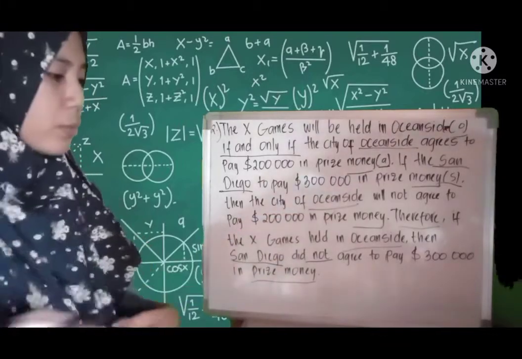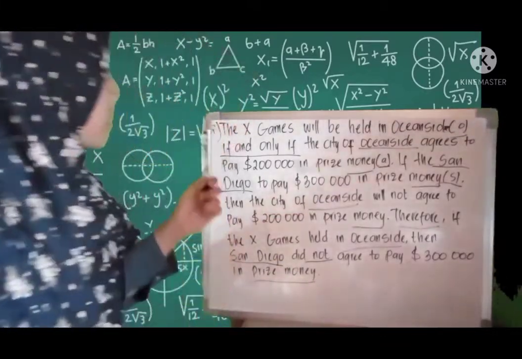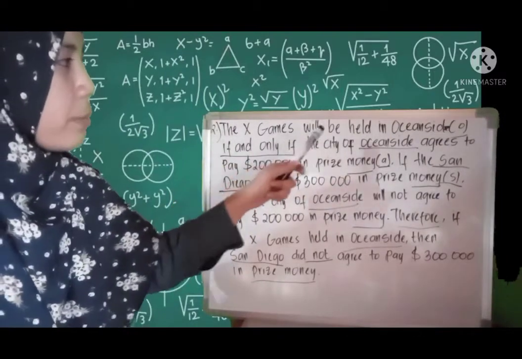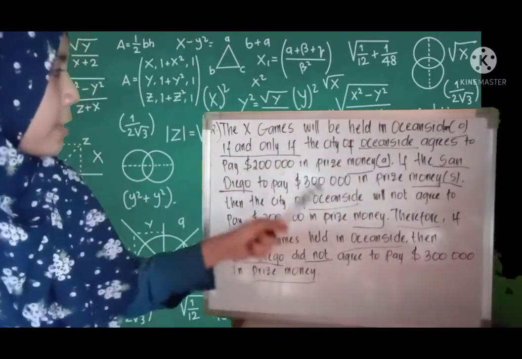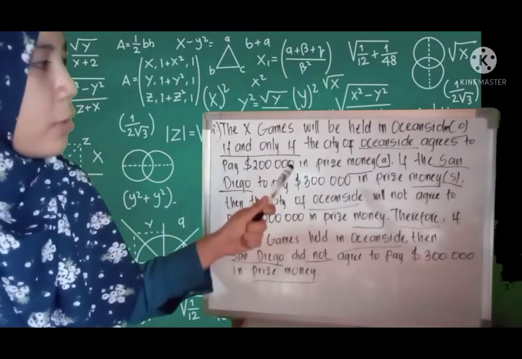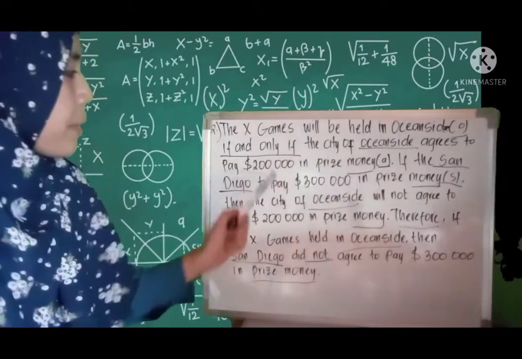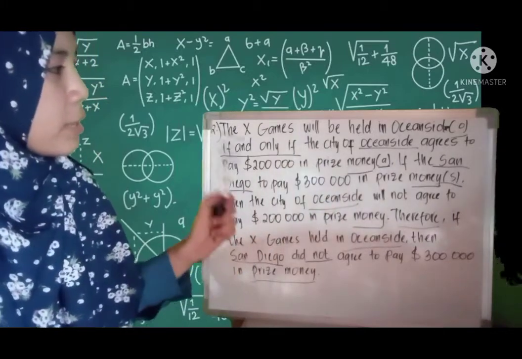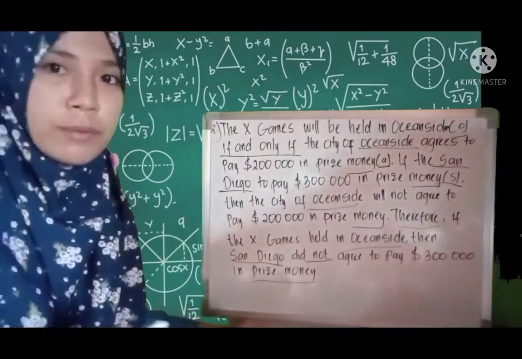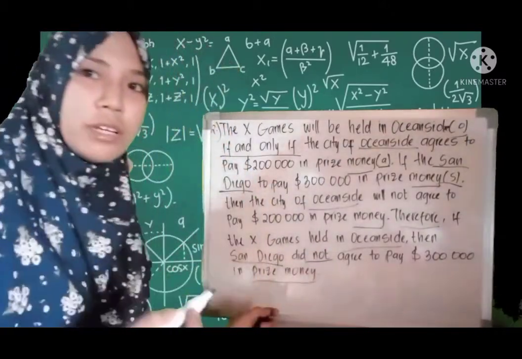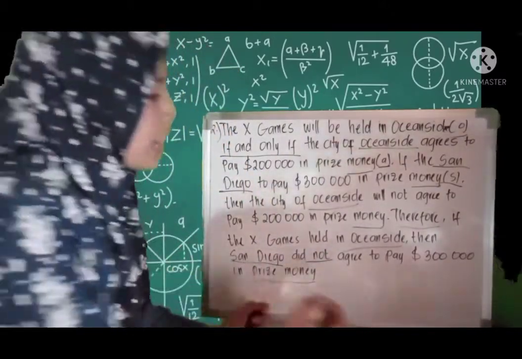So, paano natin yan kukunin? So, the X Games will be held in the Oceanside if and only if the city of Oceanside agrees to pay 200,000 in the prize money. So, first, isusulat natin yung if and only if. So, if and only if, nagrepresent siya ng dalawang arrow.